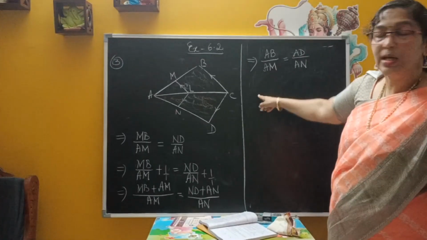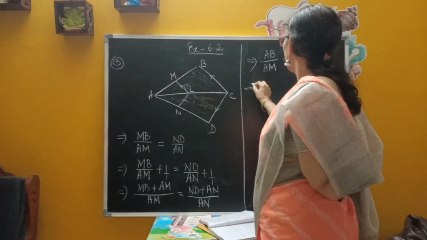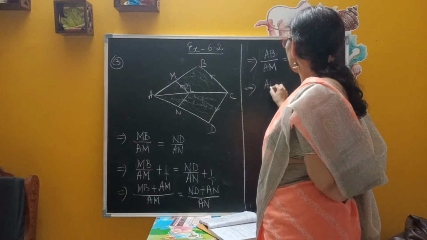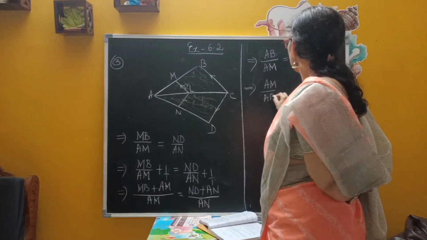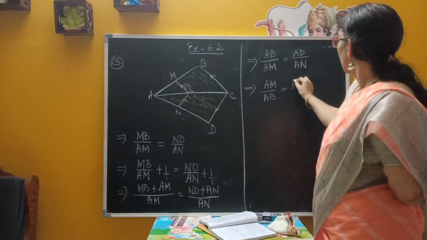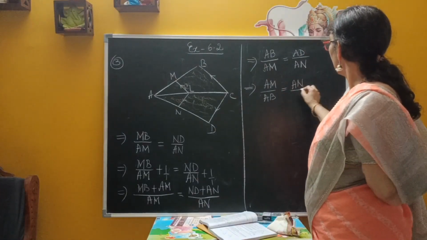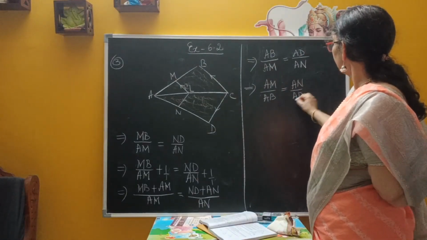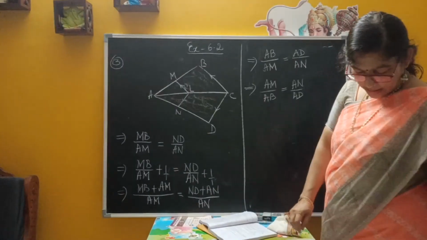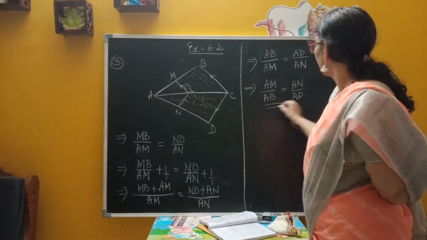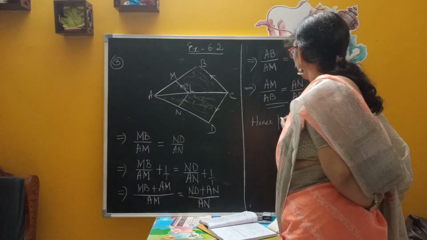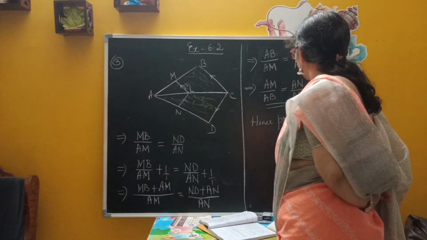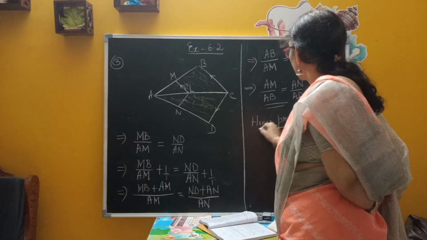So taking the reciprocal, we get AM by AB is equal to AN by AD. So hence proved.